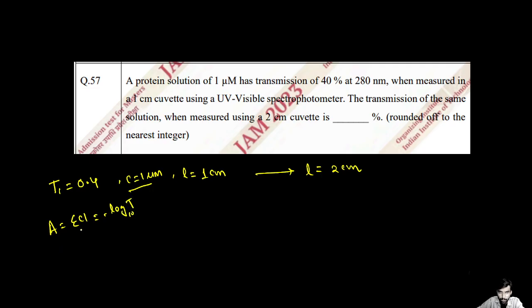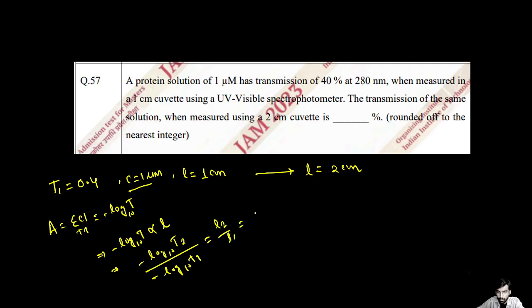Now here epsilon is constant, C is constant, that means minus log T varies with L, that means minus log base 10 T2 divided by minus log base 10 T1 equals L2 by L1. Now L2 is 2 centimeter, L1 is 1.